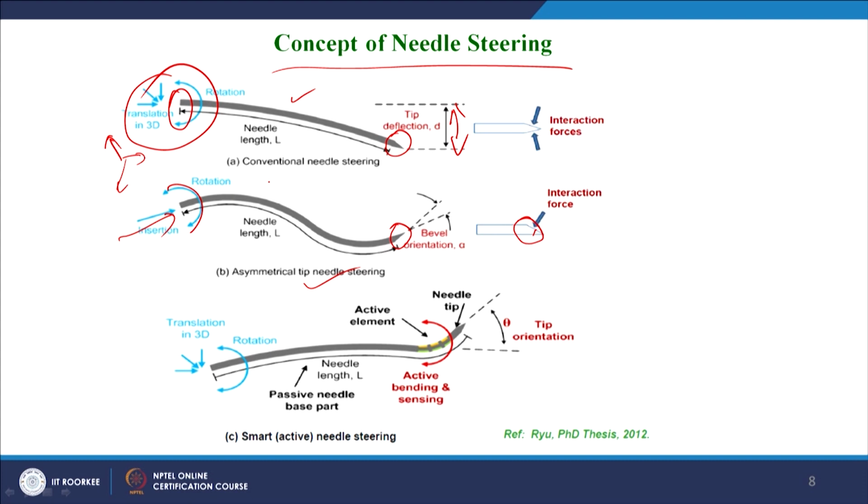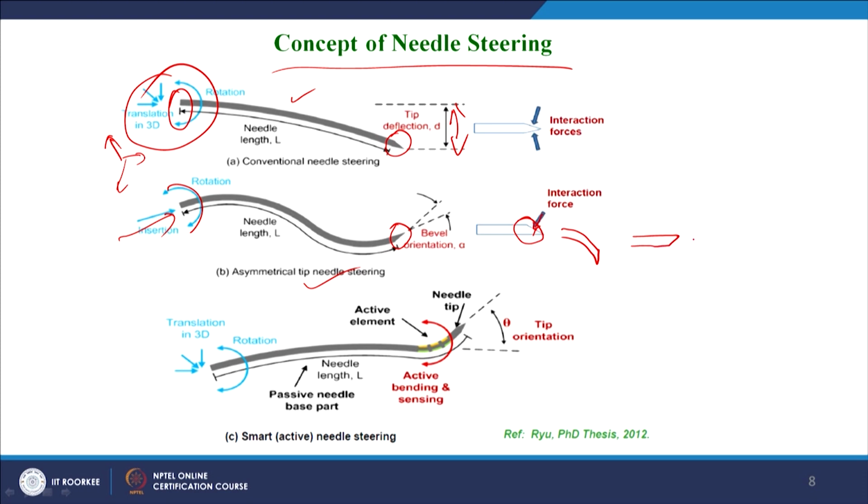to move forward, but the reaction force on the tip is such that the bevel surface has reaction force from the tissue, so that it takes the shape because of the reaction force. When you spin it, it becomes like this.